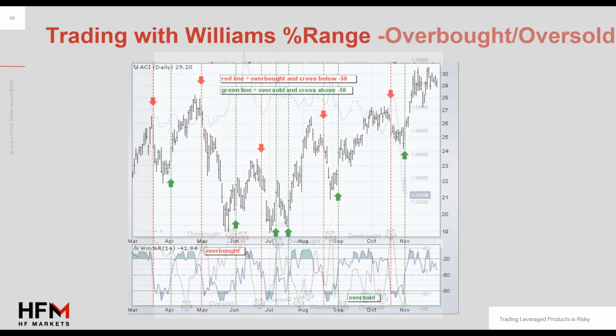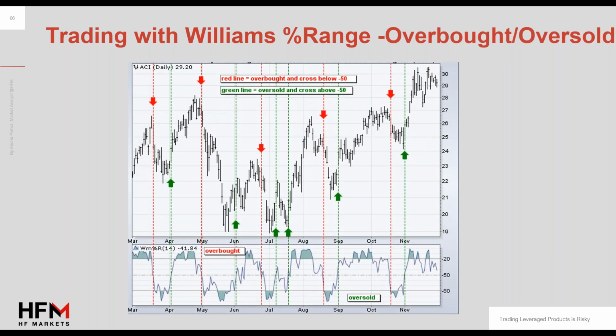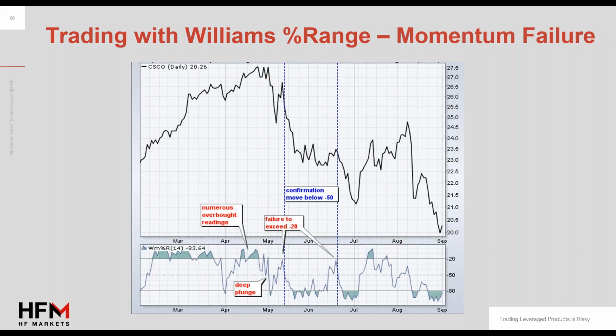Now, before we go through the -50 point, I would like to highlight something, guys, that you need to bear in mind when trading with the Williams indicator.